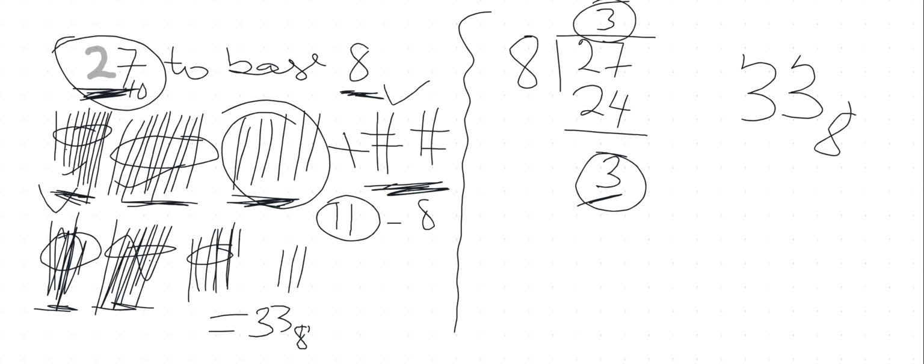Whatever you get, the top one becomes the first digit, and the bottom becomes the singles. Because if you look at division critically, you are saying that there are 3 8s in 27 with a remainder of 3. So these 3 8s will be the 10s here, what we normally call 10s in base 10, and then the 3 singles will be the units here. Is that fine?